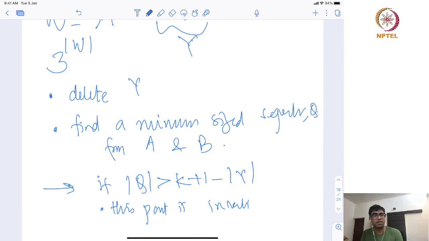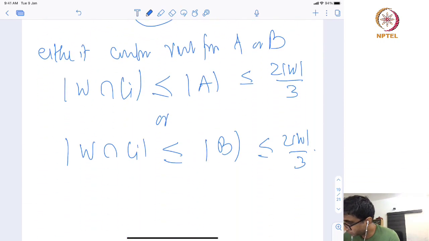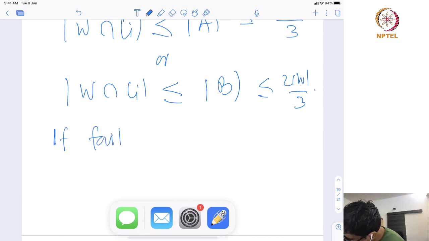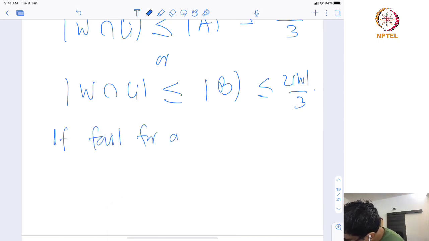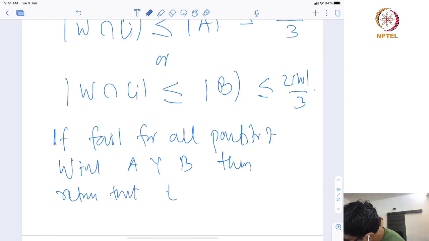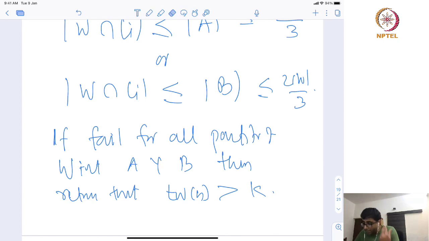So this is the time when you return no: if you fail for all partitions of W into A, Y, B, then return that the tree width of G is strictly greater than k. Because if the tree width of G was at most k, then we would definitely find such a partition for which we find the desired S with the properties.